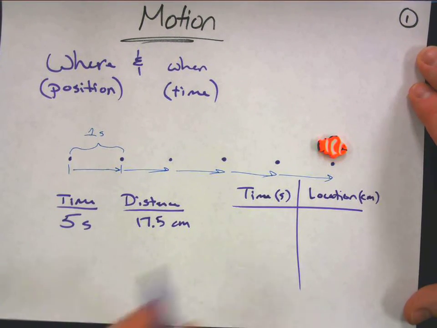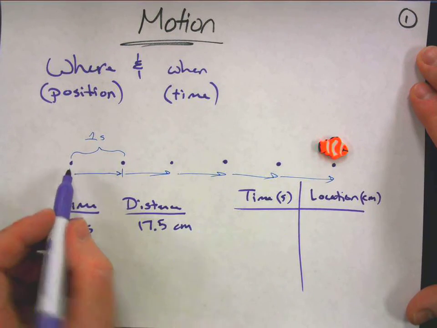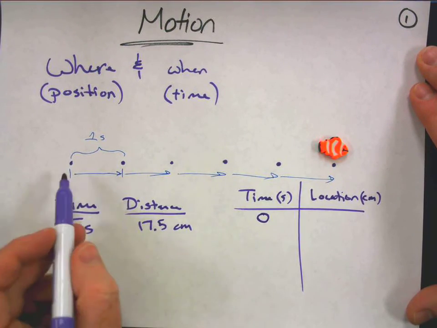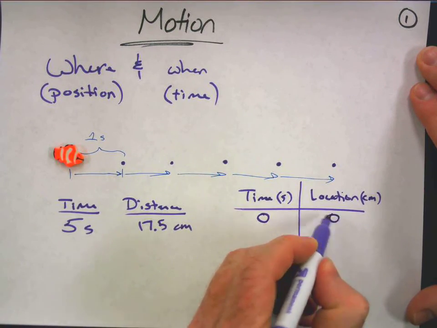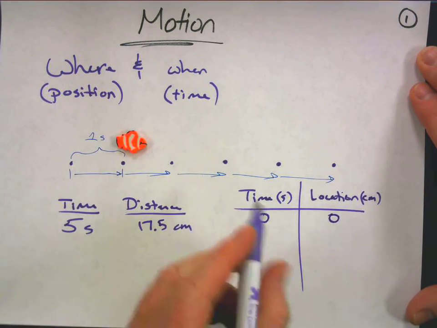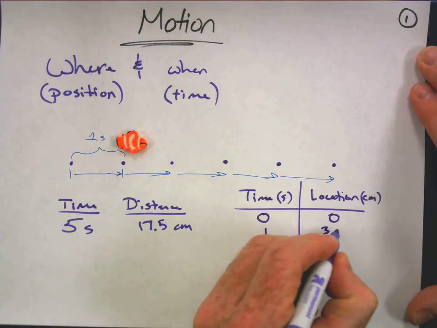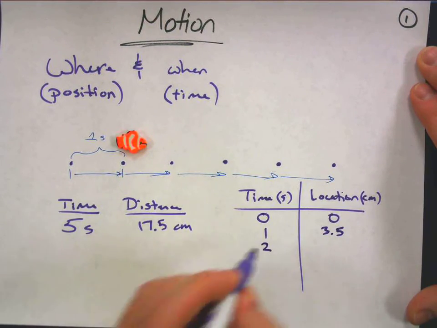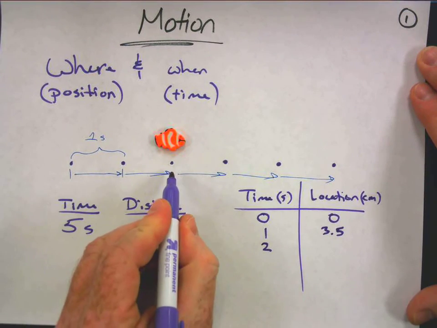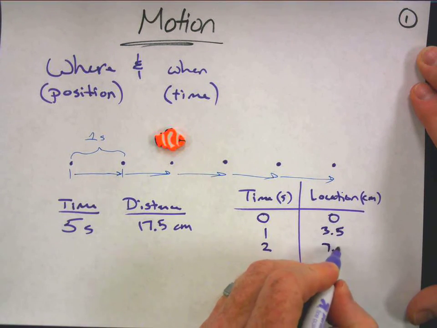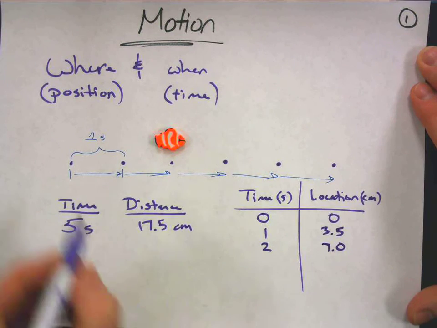What was the location when time was 0? Well, Nemo hadn't traveled anywhere yet, right? He was there. So there was 0 centimeters traveled. And after 1 second, 3.5 centimeters traveled. After 2 seconds, where was he? We're talking about location. He was at a location that is now 7 centimeters away from where he started.